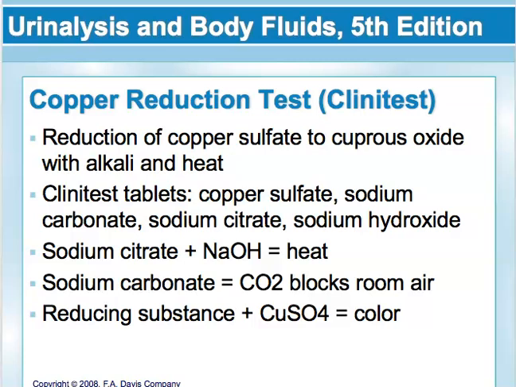So the test relies on the ability of glucose and other substances such as galactose, lactose, fructose, maltose, and pentose to reduce copper sulfate to cuprous oxide in the presence of alkali and heat. When the reaction takes place, a color change progressing from blue through green to yellow to orange or red will be seen. The Benedict solution was developed in 1908 and is still used in the CliniTest tablet today.